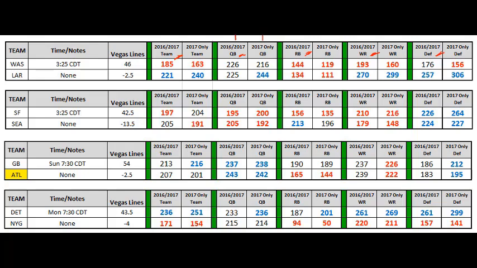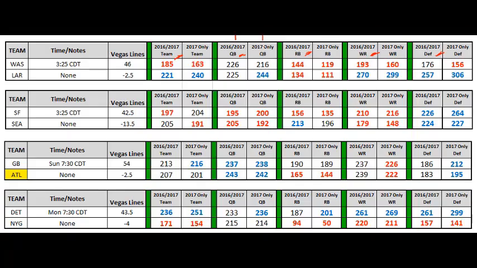If this is week 2 as we record this, we've only got data from week 1, whereas last year we got data from all 16 weeks. The problem with last year's data is things have changed. Teams have drafted new players, they've traded players, they maybe have a different quarterback in some cases, so it could be misleading. So at least for a while, we're going to give you both the combined 2016-17 and then the 2017 only.